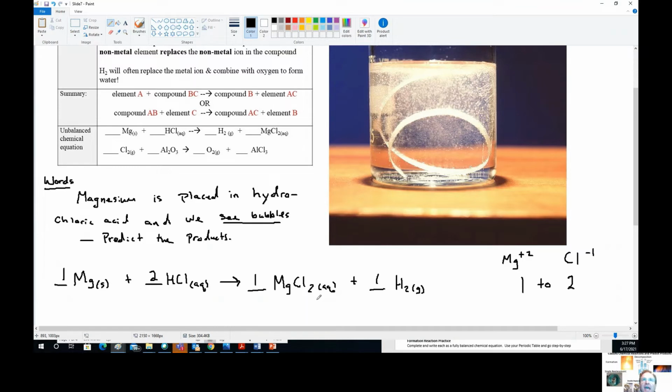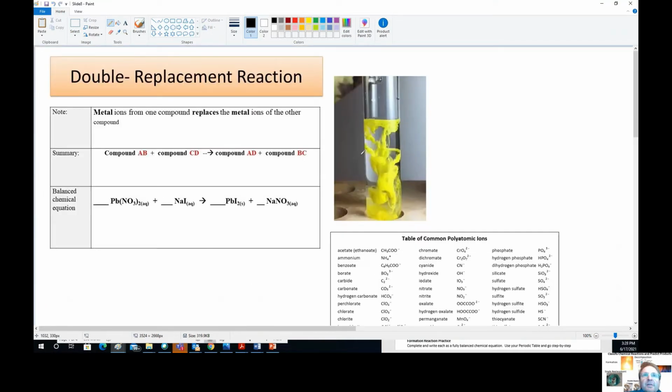Next, we're going to look at double replacement. It's just going to be a little bigger reaction than the single replacement. We've got an example here of a double replacement. Ultimately you've got compound AB, this one right here, lead nitrate, combined with compound CD, sodium iodide.